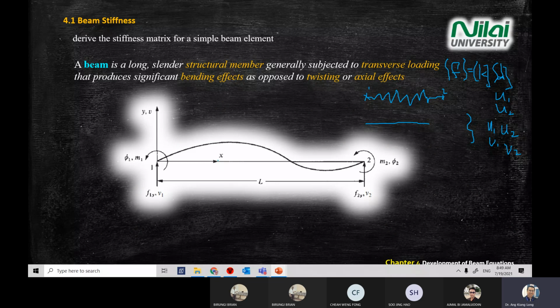But for beam, something different from these two, when you calculate F equal to KD later on, for the D, when you come to beam problem, you'll be seeing moment and theta, the twisting angle. This is the main difference when it comes to beam problem.